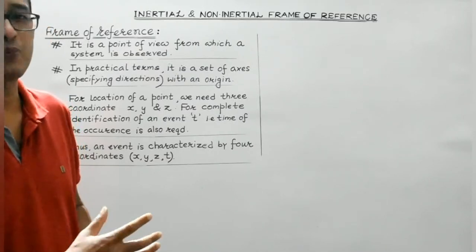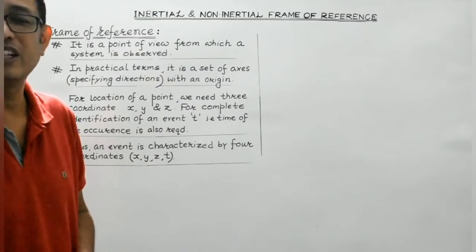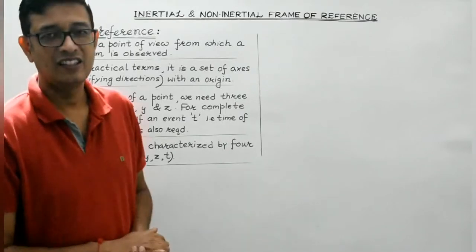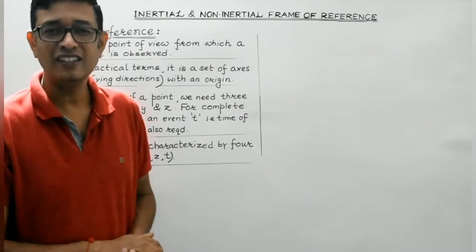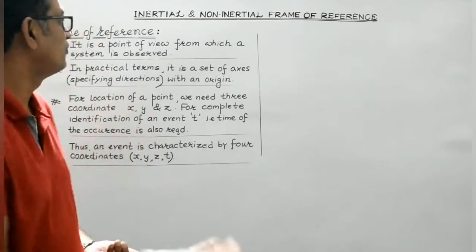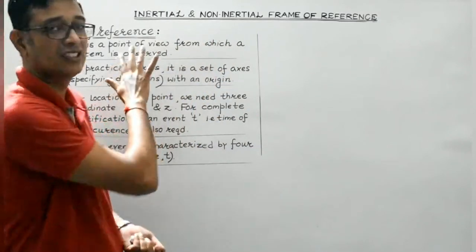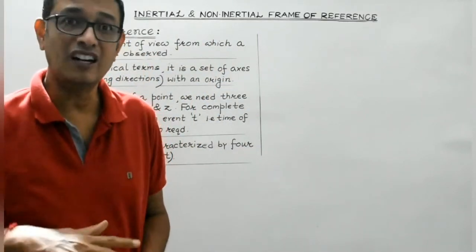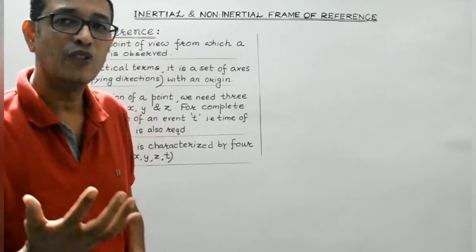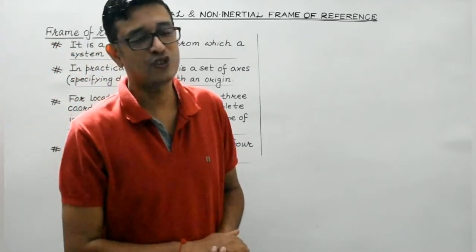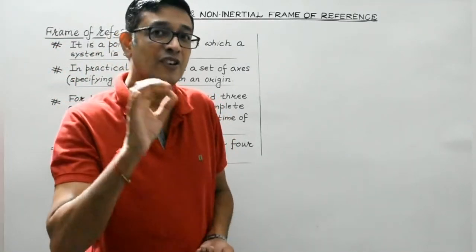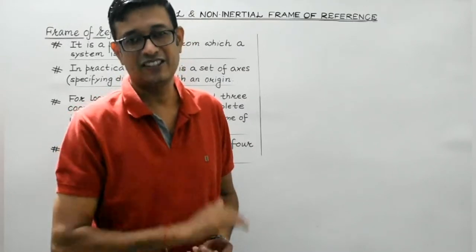X, Y, Z, T are known as the space coordinates. So frame of reference is nothing but a point of view from which a system or the occurrence of an event is observed. Clear, students? This is regarding the frame of reference.